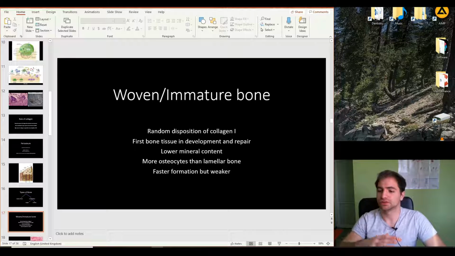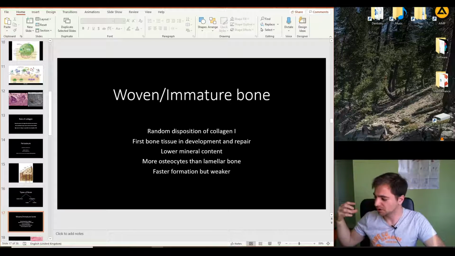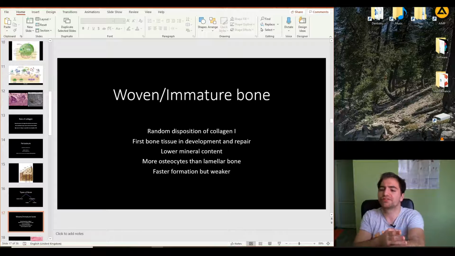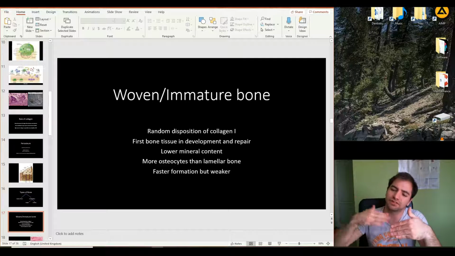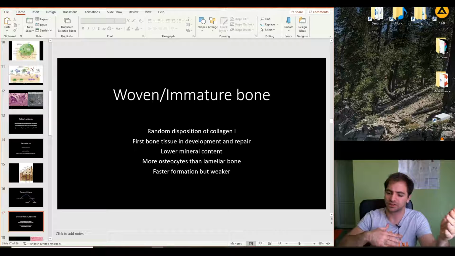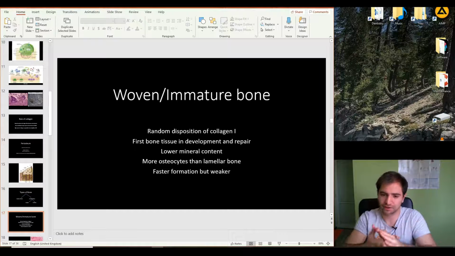This type of bone, the immature bone, is faster to produce, which is why it is the first structure to be formed after destruction of a bone, after a fracture, after any sort of pathology of the bone. The first step of the human body is to produce immature bone, which will eventually differentiate and mature into lamellar.